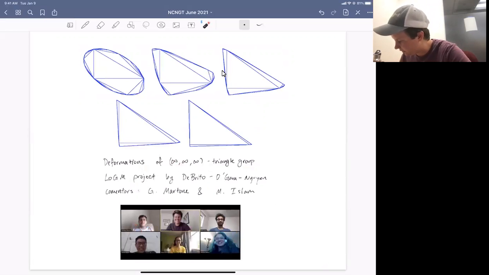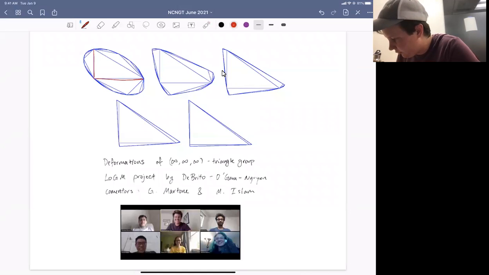The students, Marianne DeBrito, Marissa O'Gara, and Andrew Wynn, are down here. Basically, this is a fundamental domain for an infinity triangle group acting on different properly convex sets. There's a parameter T which varies between 0 and infinity.